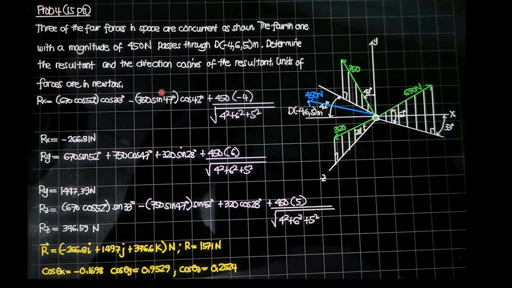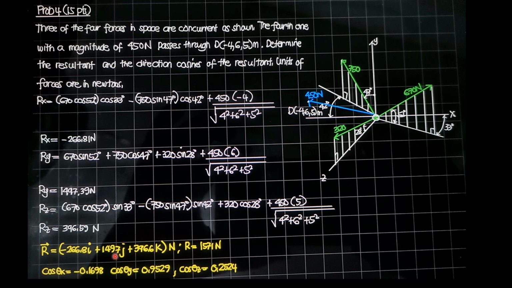Then since we are asked to compute the direction cosines of the resultant, the direction cosines will be cosine theta x, cosine theta y, cosine theta z. That is equal to the x component, negative 266.8, divided by the magnitude of the resultant, 1571. So cosine theta x is negative 266.8 divided by 1571, negative 0.1698.